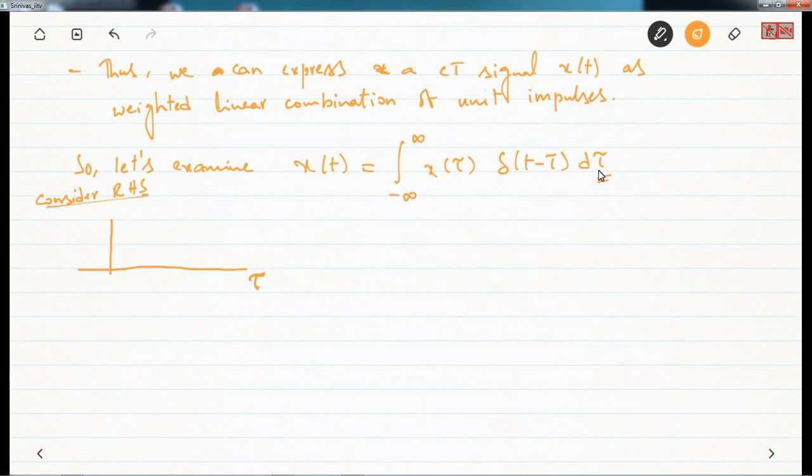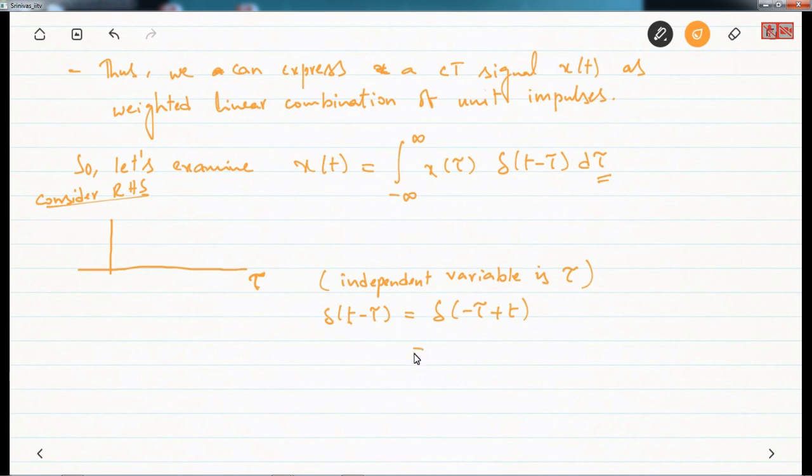If I consider the right hand side, tau is my independent variable, and this is delta of t minus tau. So delta of t minus tau is nothing but delta of minus tau plus t, right? So I can write delta of t minus tau as delta of minus tau plus t.